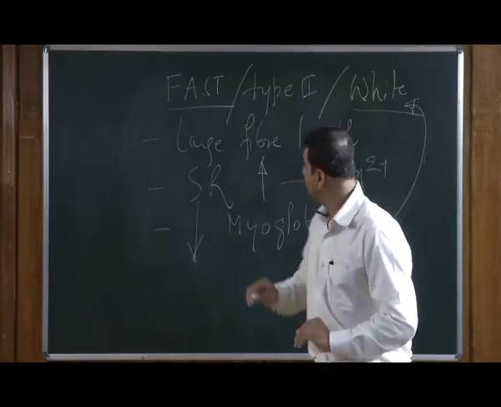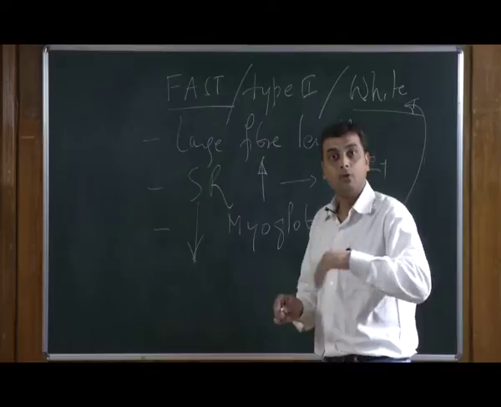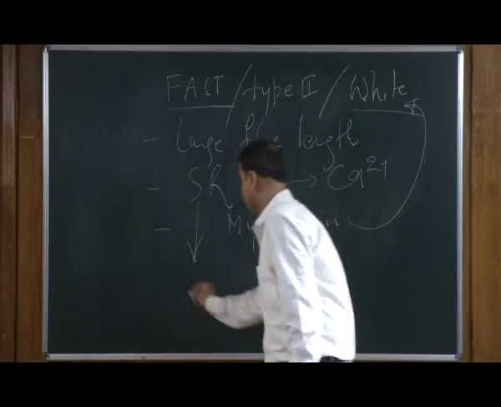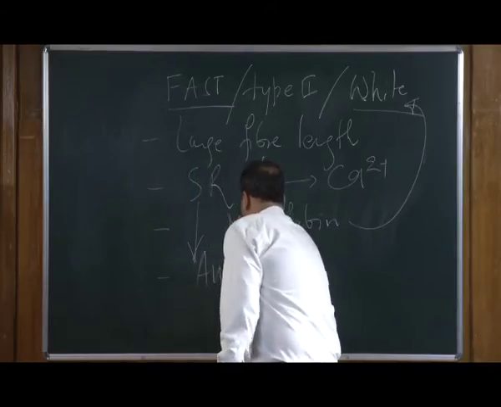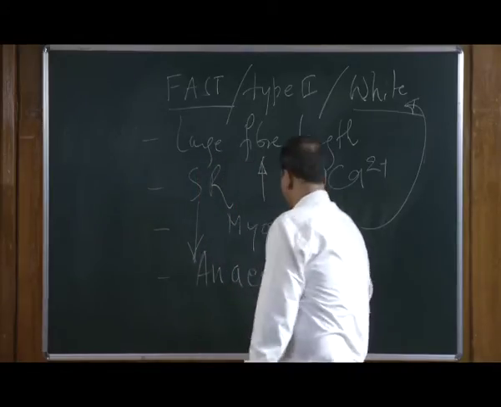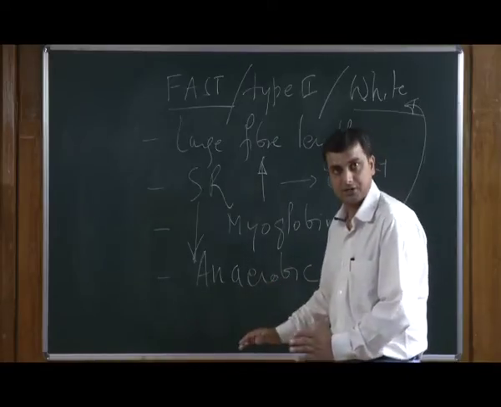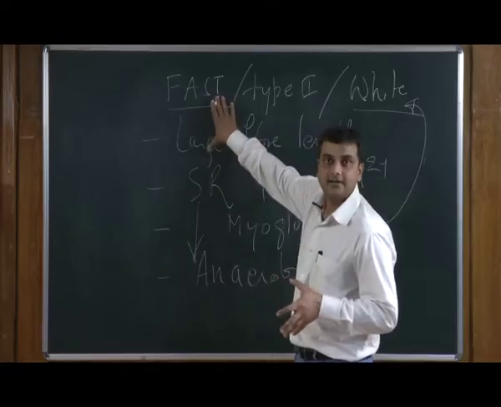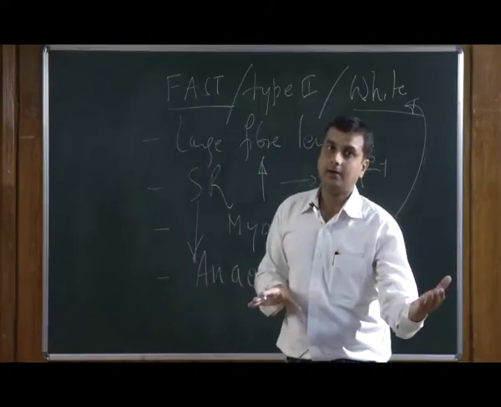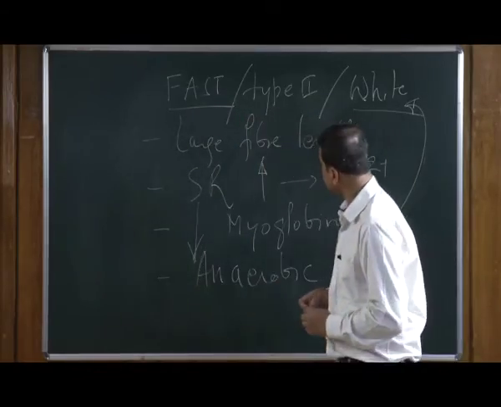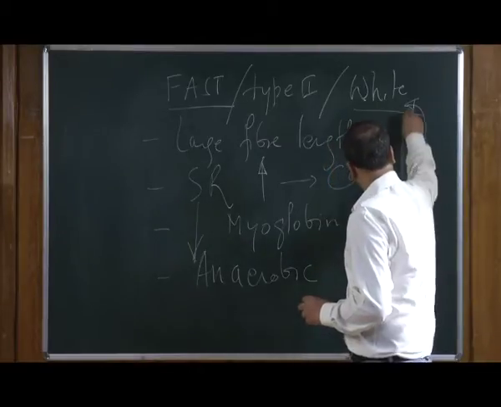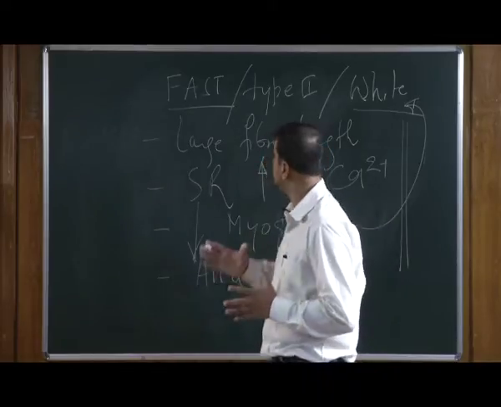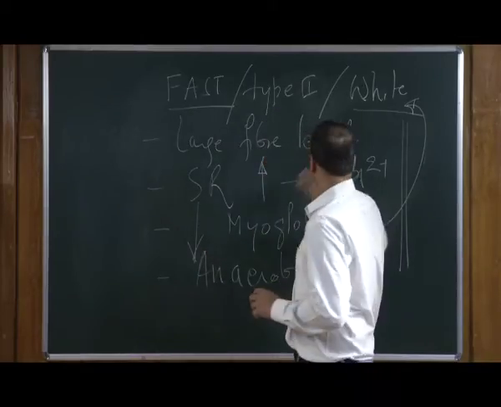So, in these fibers we have not aerobic but anaerobic phenomena, compared to aerobic in the red fibers. These are some of the very characteristic features of this fast fiber, or what we call a white fiber.